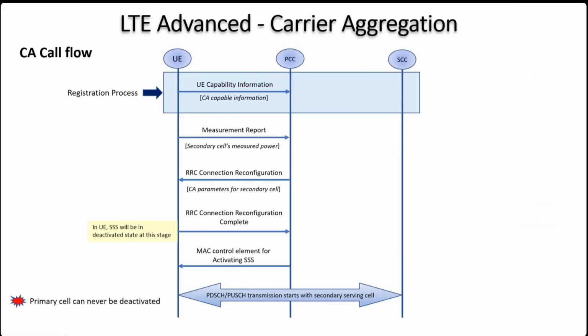So the UE capability information is sent to the PCC, and then you send the measurement report, along with what the secondary cell powers are. Based on that, the primary component carrier is going to send the RRC connection reconfiguration, in which it sends the secondary cell related parameters.